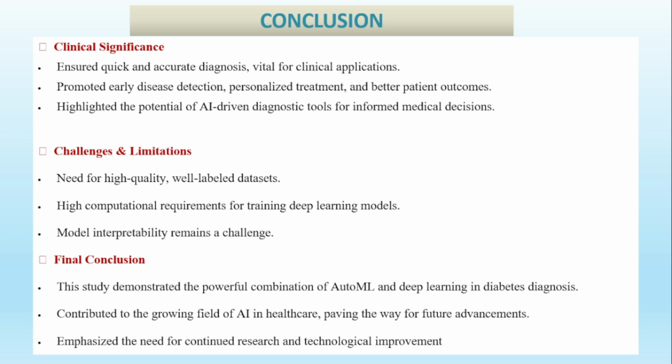Then the final conclusion of this study demonstrates the powerful combination of AutoML and deep learning in diabetes diagnosis, contributing to the growing field of AI in healthcare, paving the way for future advancement, and emphasizing the need for continued research and technical improvement.